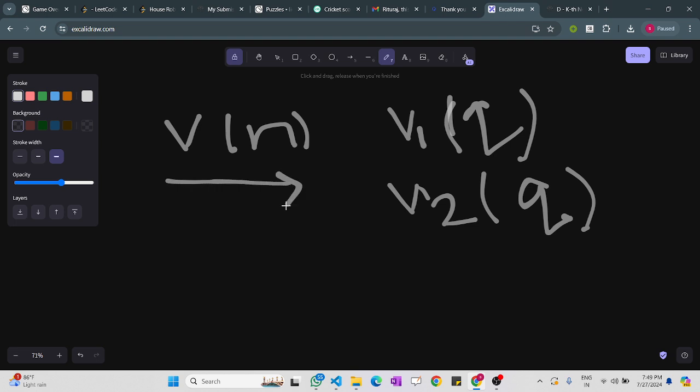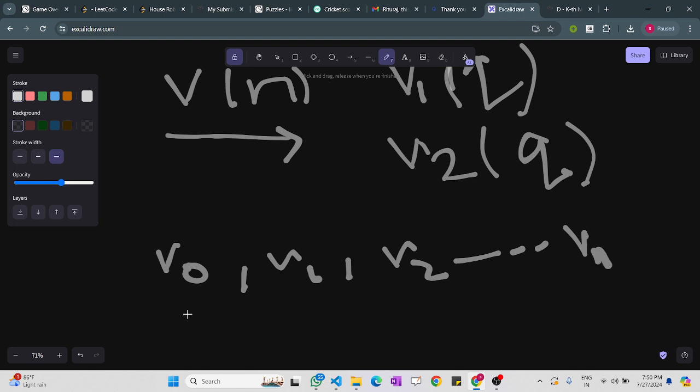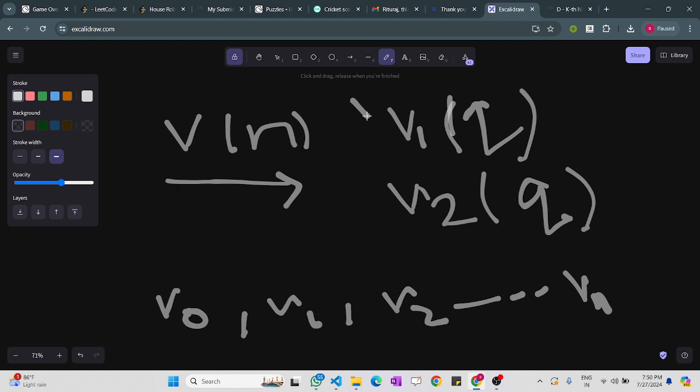The v vector indicates that we are given n points, and v1 and v2 indicate that we are given q queries.